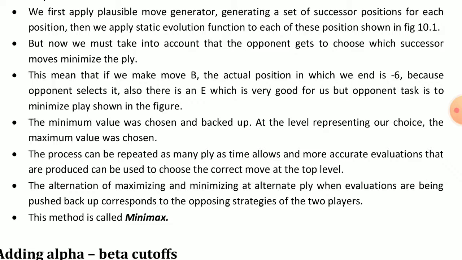The alternation of maximizing and minimizing at alternate plays, when evaluations are being pushed back up, corresponds to the opposing strategies of the two players. Now here we can find the alternate value for maximizing and minimizing.